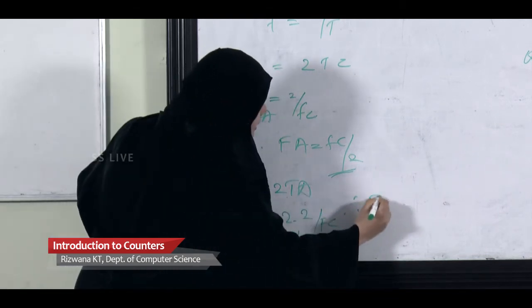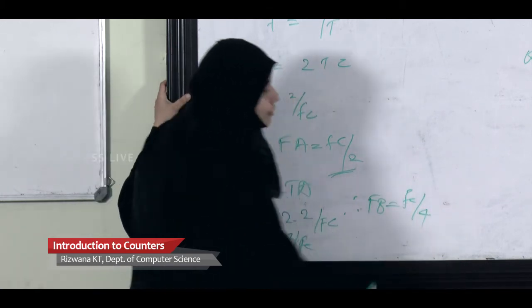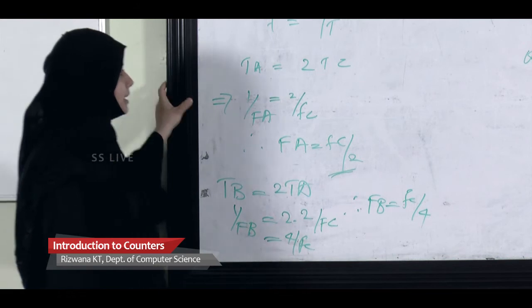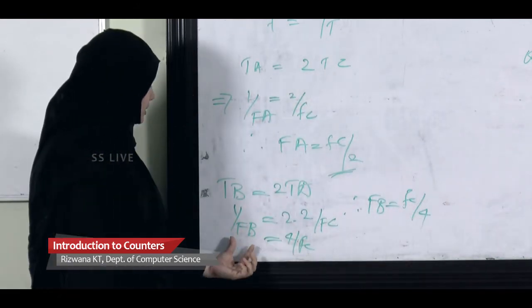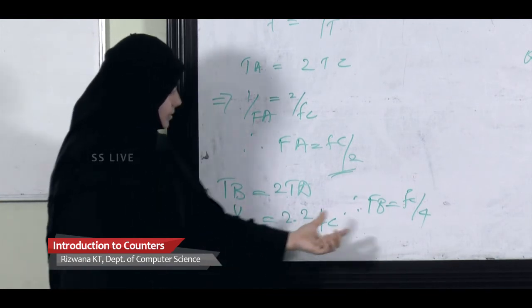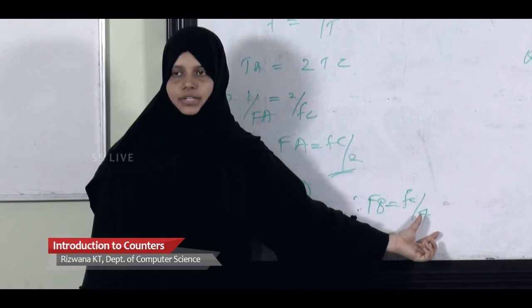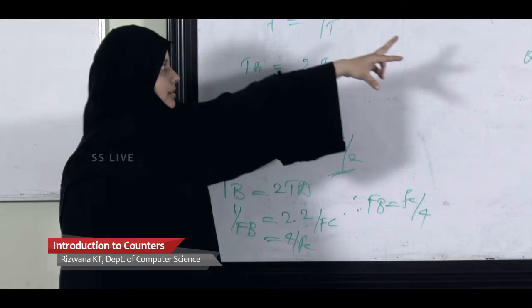Therefore Fb is equal to Fc by 4. So this is the frequency division in QB, where Fc is the clock pulse for the first flip flop.